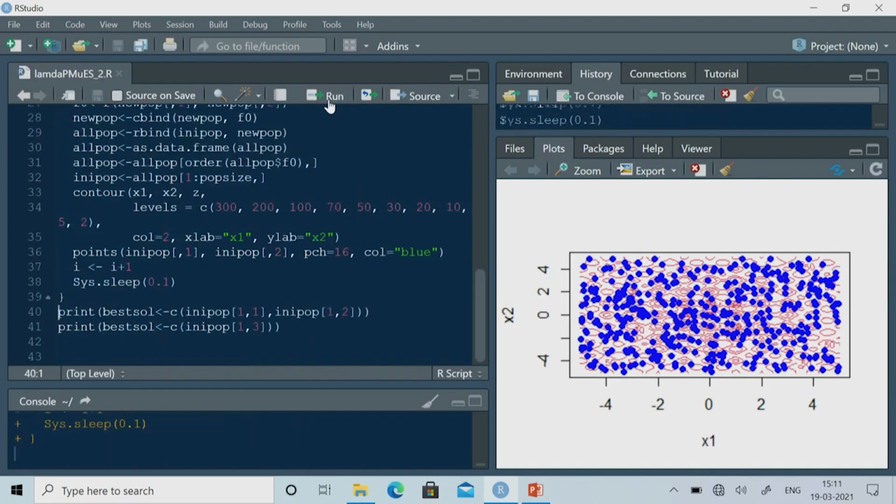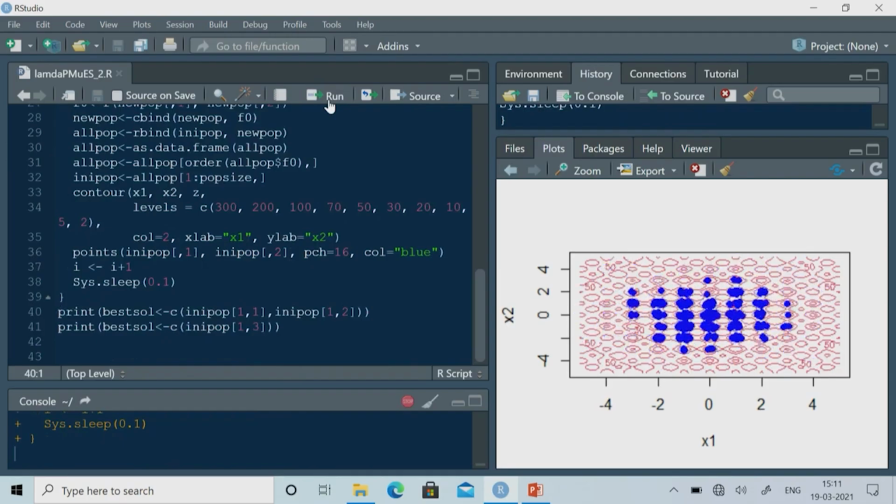So, you can see that with iteration this population is trying to converge at the global optimal solution. Initially it was all over the search space, but with iteration it is trying to converge at the global optimal solution, which is somewhere at 0, 0, and let us see whether we can get it or not.